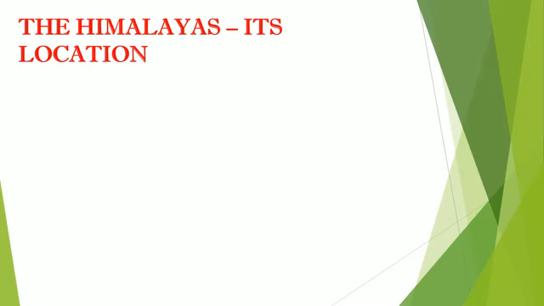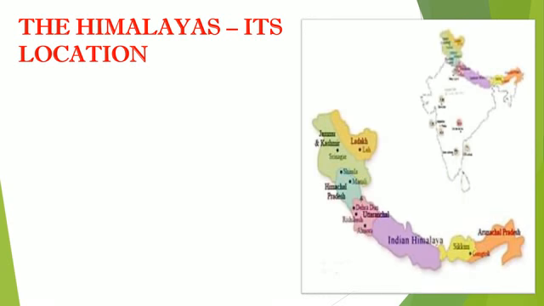Now, in this chapter, as I have told you, we are going to study about Himalayas. So, first of all, you should know about the location of Himalayas. I am showcasing a map in front of you. See the map carefully.